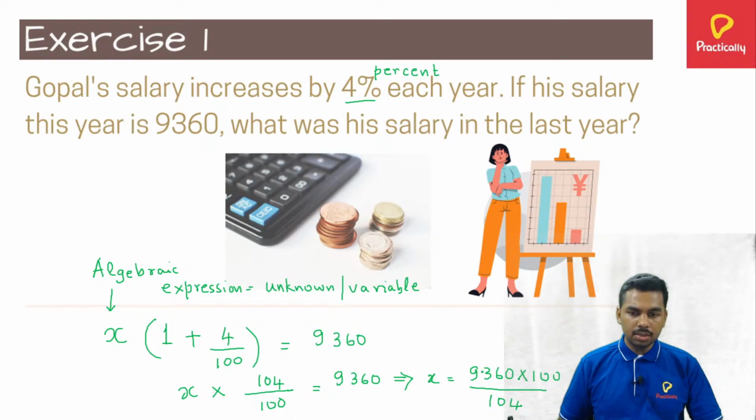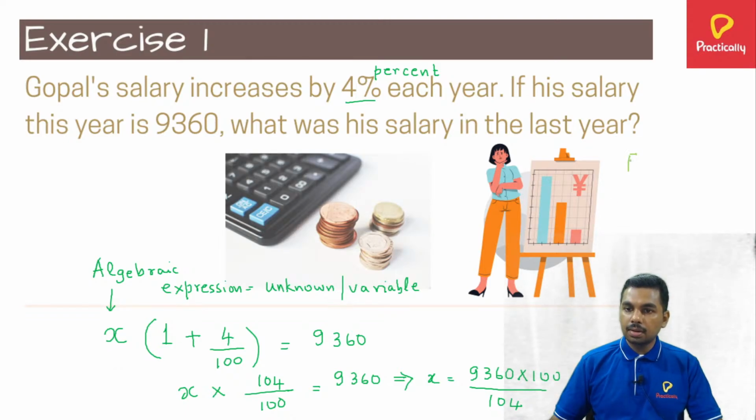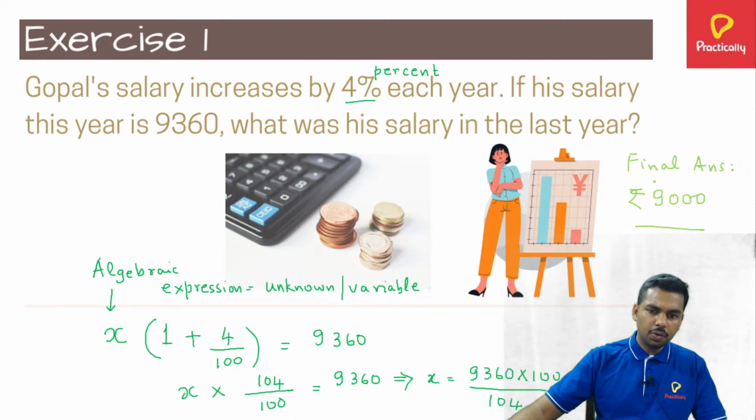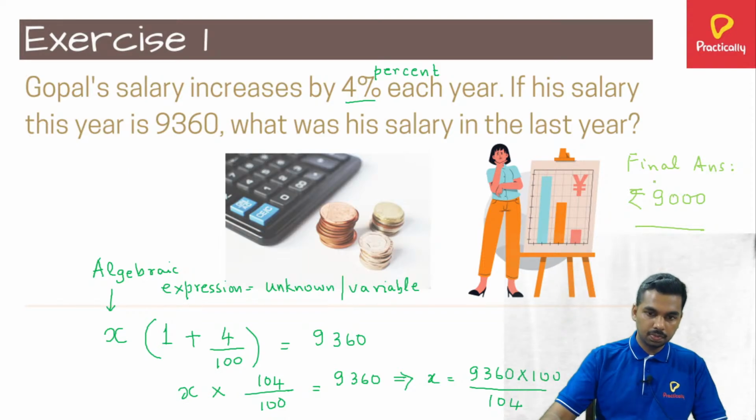If you do this calculation, you will get the final answer. Let me just write the final answer to be 9,000. So 9,000 rupees is the salary that Gopal earned in the previous year. Hope the question was clear. If you have any doubts, you can watch this part of the video once again. It's a very direct question.